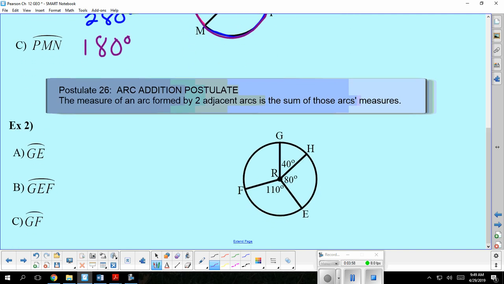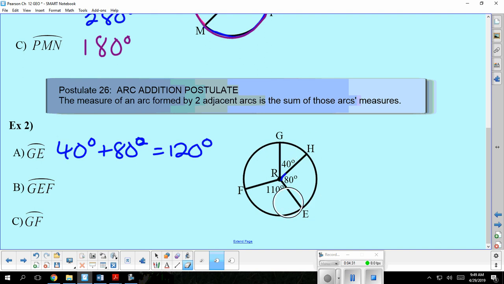All right, so our arc addition postulate: the measure of an arc formed by two adjacent arcs is the sum of those arcs' measures. So if I want to figure out what GE is, I can add 40 plus 80, and I get 120 degrees. For GEF, I'm going to add all three of those together.